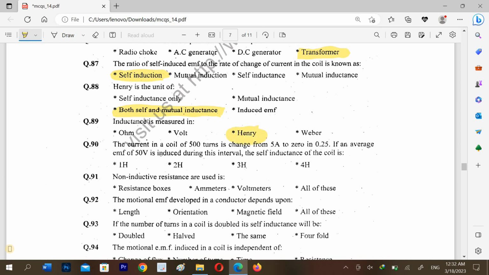The current in a coil of 500 turns is changed from 5A to 0 in 0.25 s.